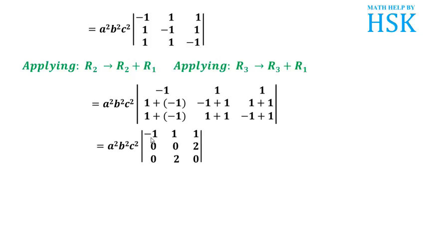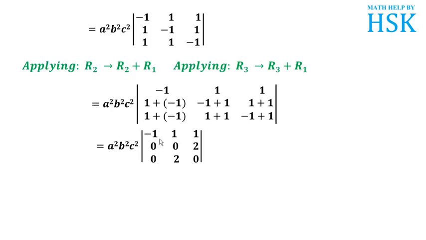So this will be equal to a square, b square, c square into the determinant: first row minus 1, 1, 1, remaining as it is. Second row: 1 plus minus 1 is 0, minus 1 plus 1 is 0, 1 plus 1 is 2. Third row: 1 plus minus 1 is 0, 1 plus 1 is 2, and minus 1 plus 1 is 0, right?